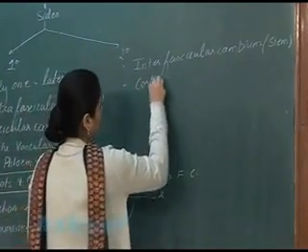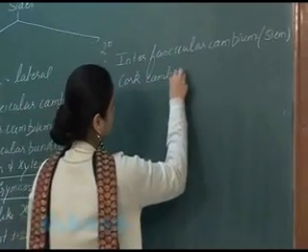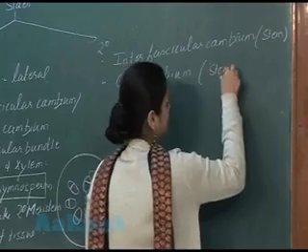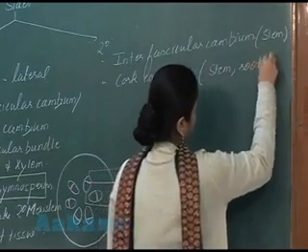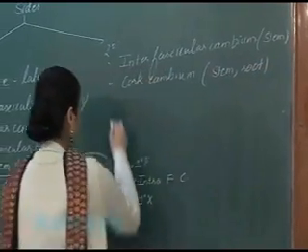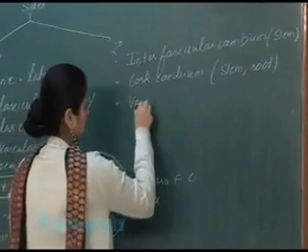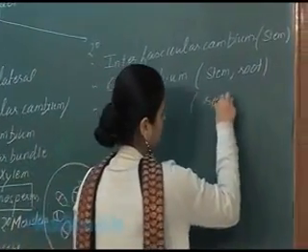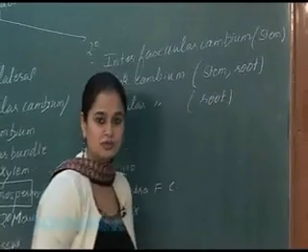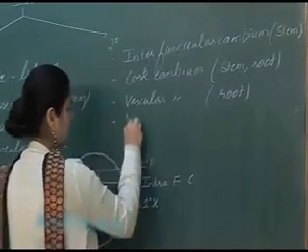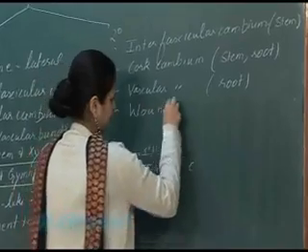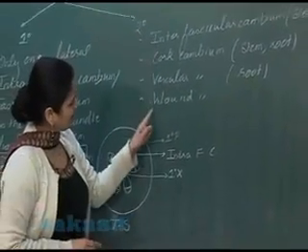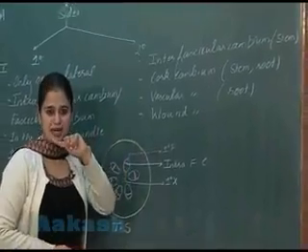Another is cork cambium formed in the dicot stem as well as root. Right? Another example is vascular cambium formed in the root. Along with that, wound cambium. So these all are examples of secondary lateral meristem.